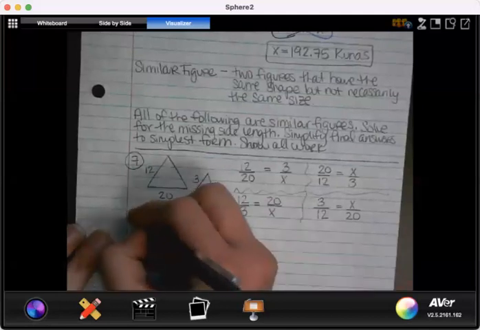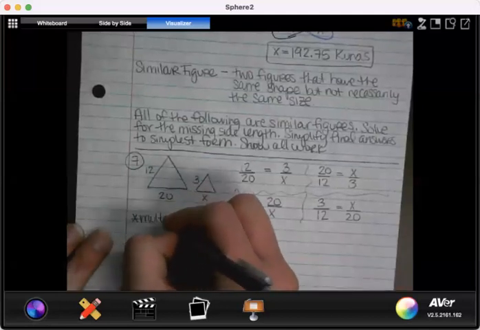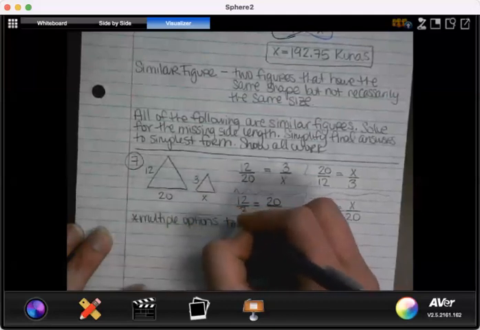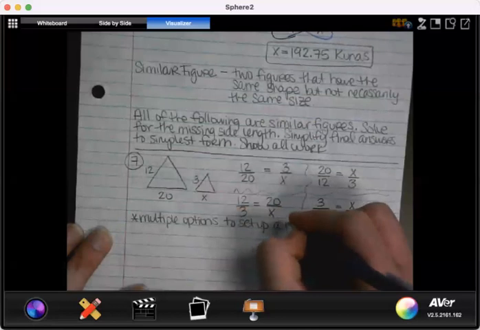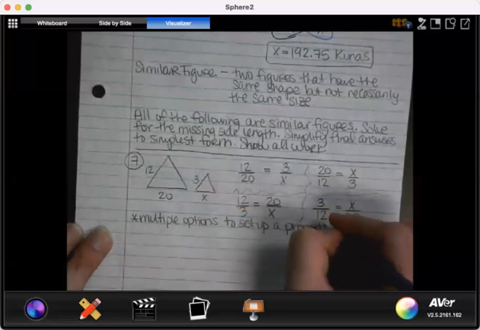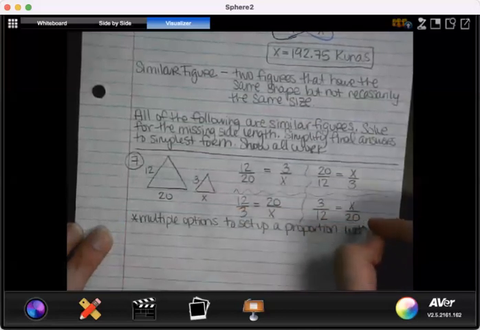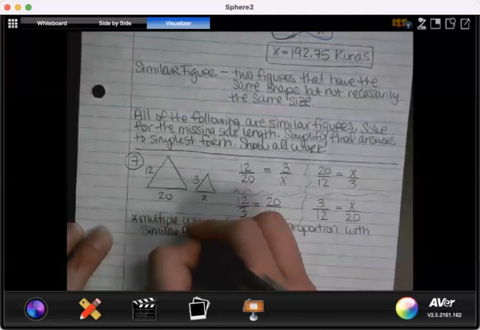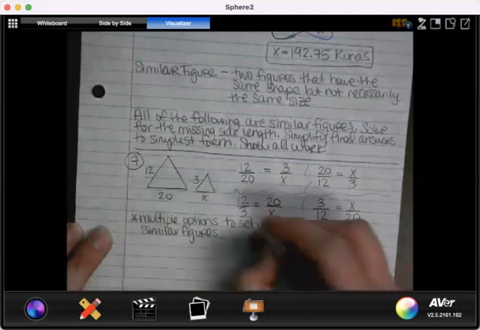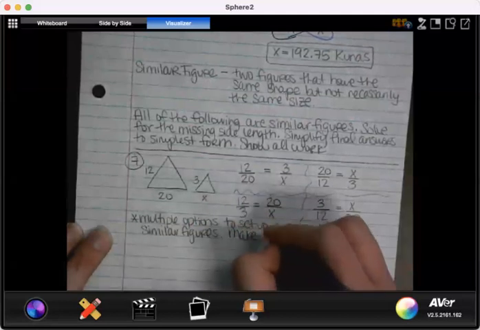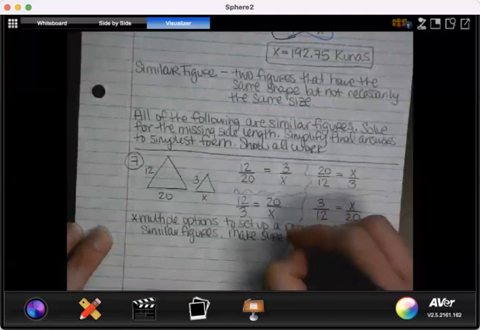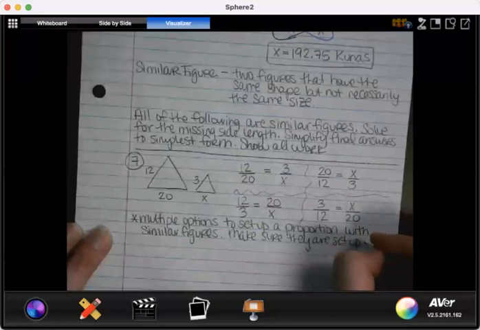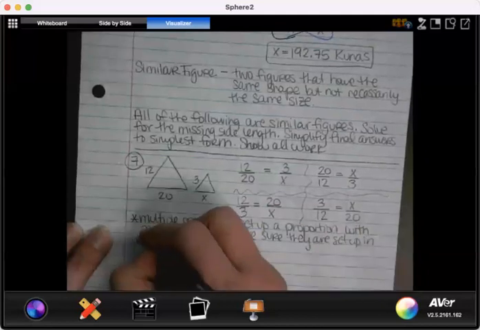So again, there are multiple options to set up a proportion with similar figures. You just need to make sure they are set up in matching order.